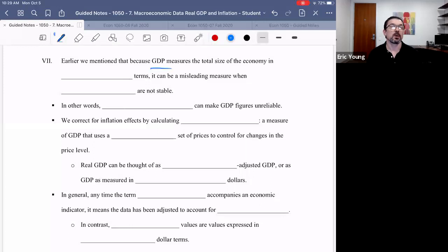Basically, we learned in our first video in this series that while GDP is a great thing, price changes can affect GDP. Sometimes if there are unstable prices like rapid inflation, the GDP numbers will change, but they won't reflect the actual underlying production.